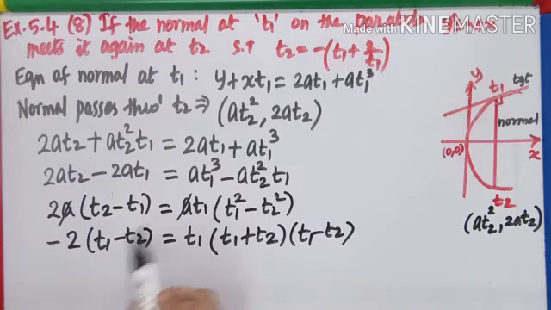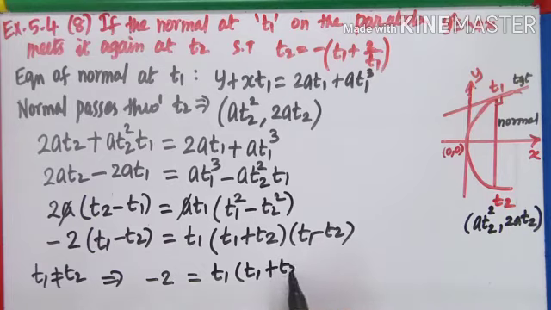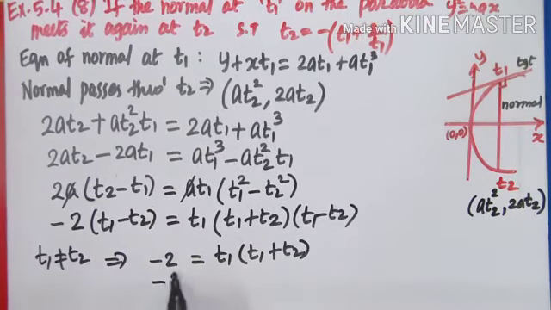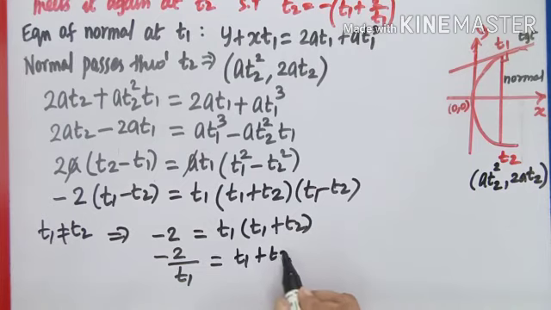Again we can cancel T1 minus T2 because they are not equal. So I can very well cancel. I am left with minus 2 equals T1 into T1 plus T2. Or I can say minus 2 divided by T1 equals T1 plus T2.